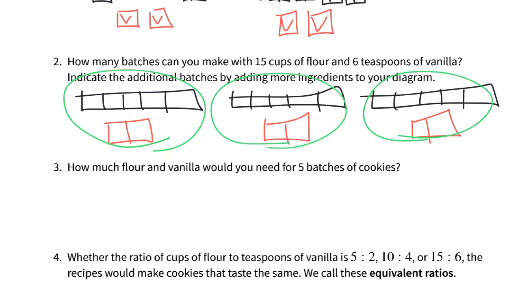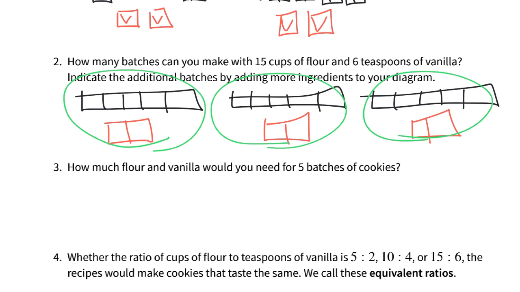The next question, how much flour and vanilla would you need for 5 batches? Well, that's pretty straightforward. This is 1, this is 2, this is 3. We're going to need 2 more batches. So we're going to have 5, 10, 15, and then 2 more is 20, 25.